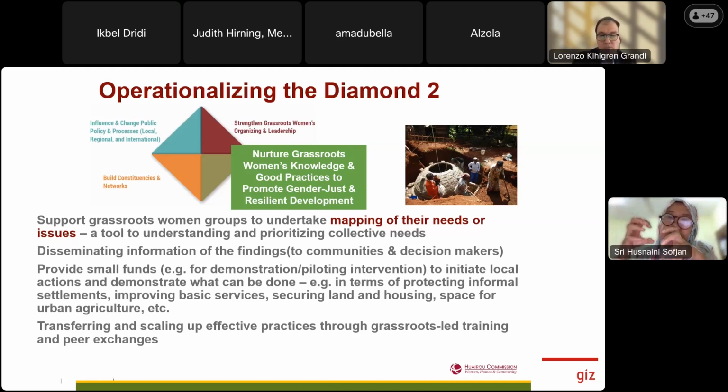They successfully got the bylaw passed because they worked with other groups as well, and that goes to building constituencies and networks.